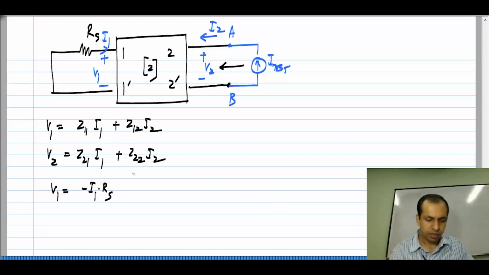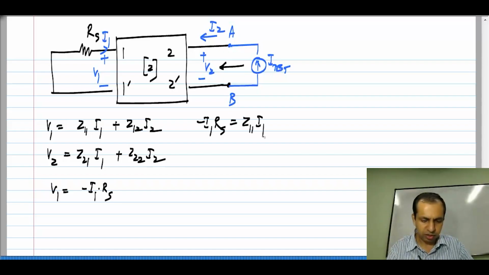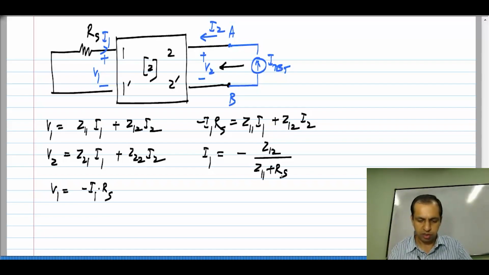So, if I substitute this, I will get minus I1 Rs is Z11 I1 plus Z12 I2, and from this I get I1 to be minus Z12 divided by Z11 plus Rs times I2.